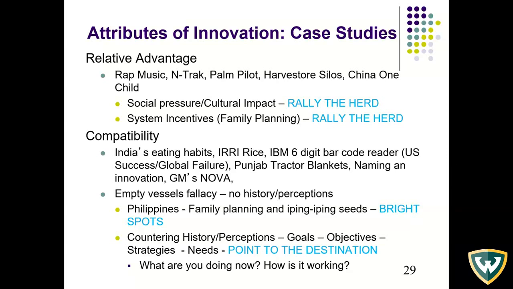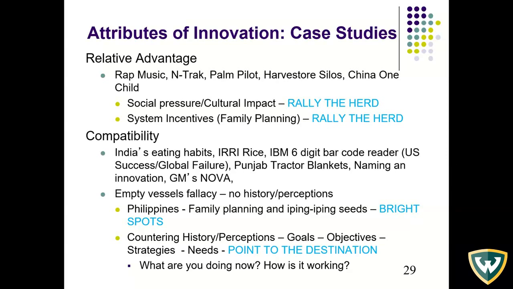And so he was able to use something that the rural people understood. They understood about these seeds and that the chickens would no longer lay eggs. So people understood what the contraception did. I thought that was brilliant. From a Switch perspective, that's a bright spot. How can we use what is existing? That creates compatibility so people understand and are comfortable with the new innovation.